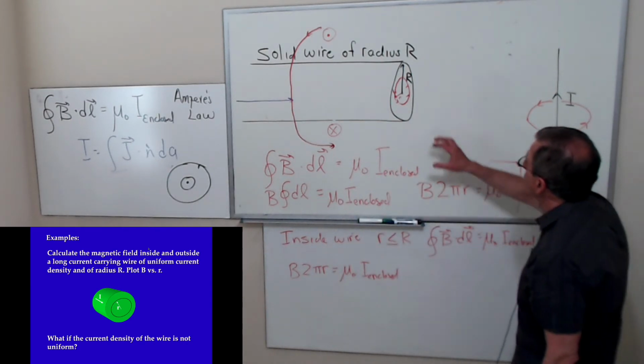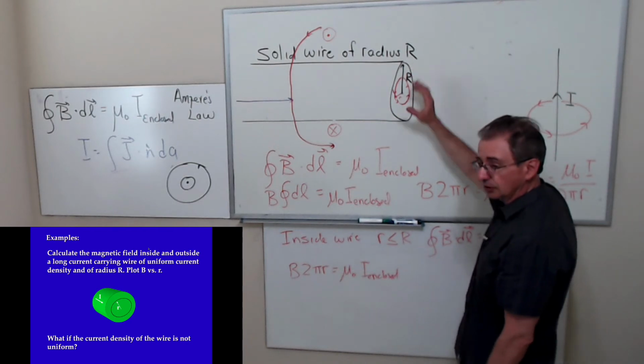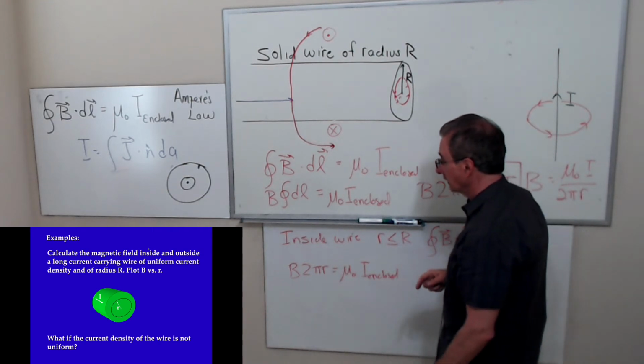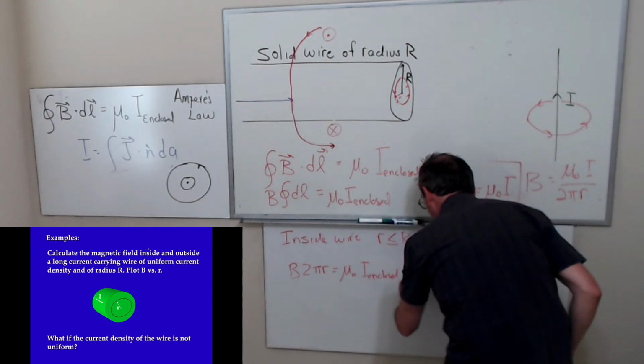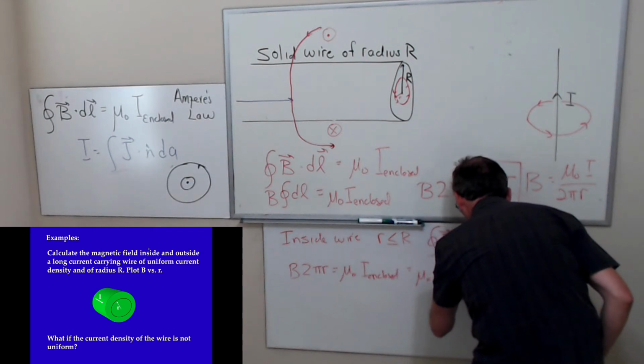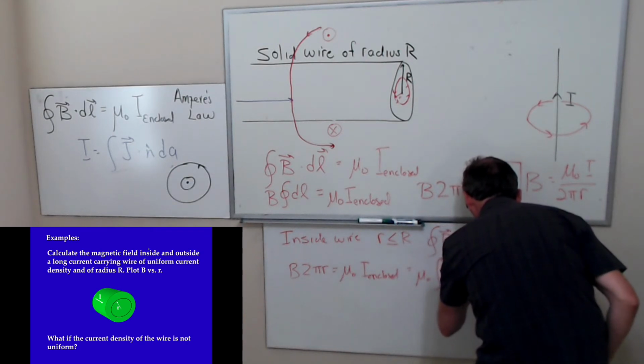So now the problem is, how much current is enclosed in this loop? Do we have to do the I equals the integral of j dot n dA thing? Yeah, so now that's equal to mu naught times the integral of j dot n dA.